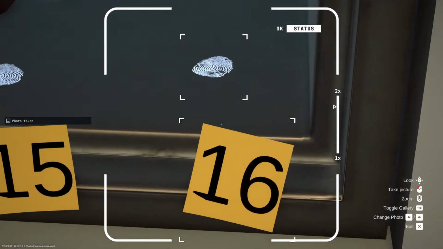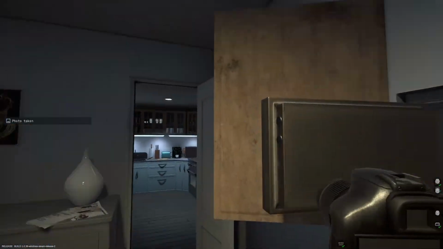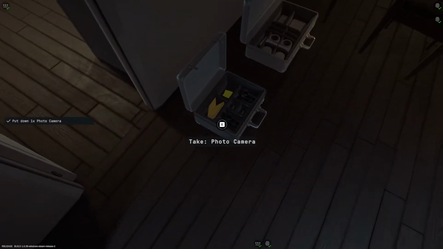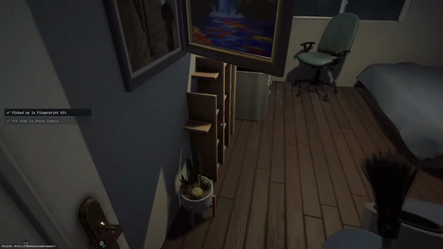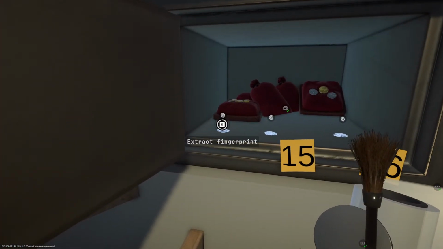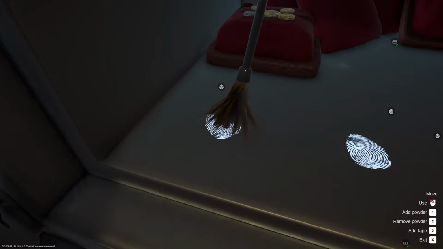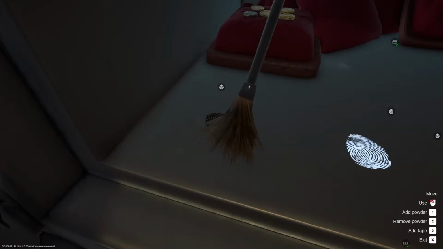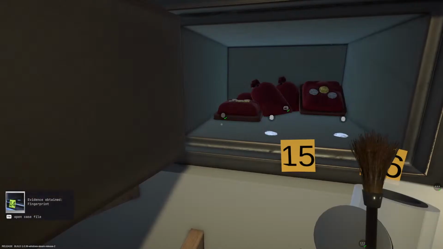I forgot, you can kind of stand on your tippy toes to get a better angle there. Alright, let's bag up these fingerprints here. There we go. Yeah, these are gonna tell us what we need.